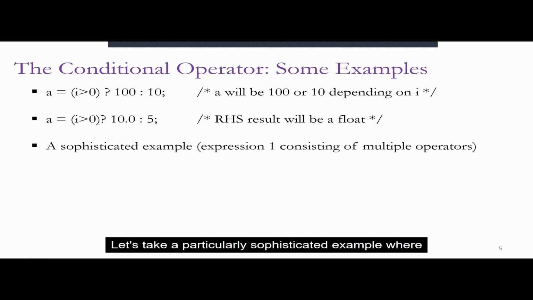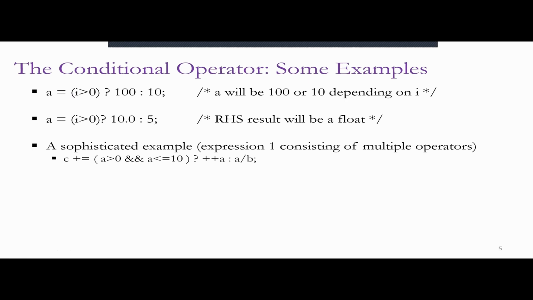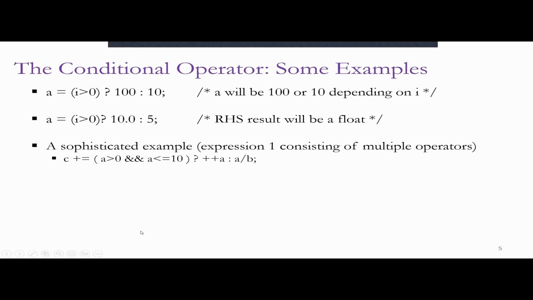Let's take a particularly sophisticated example where the expression 1 has multiple operators. Now, what do you think will happen when we deal with this? So, at first sight, you might say, well, the unary operator takes precedence, so we'll evaluate the unary operator first.